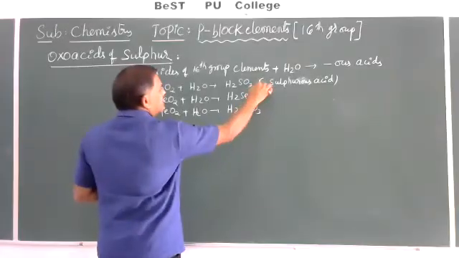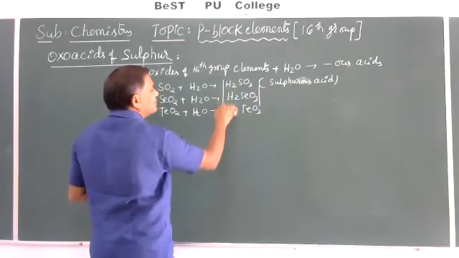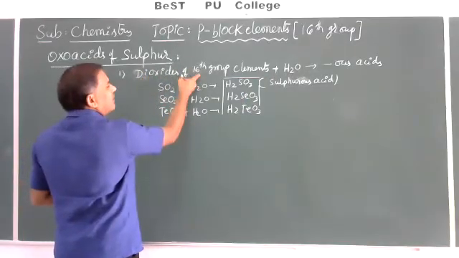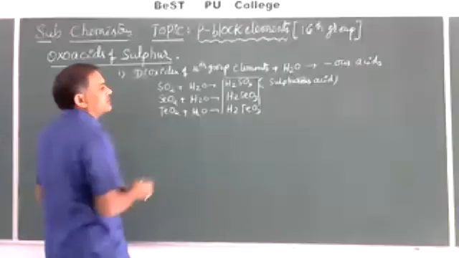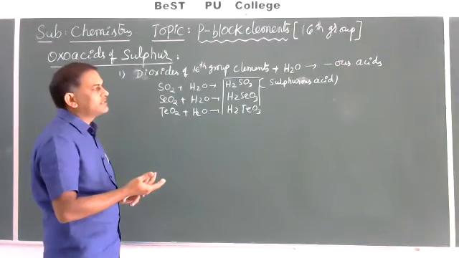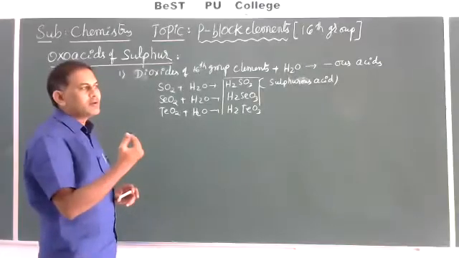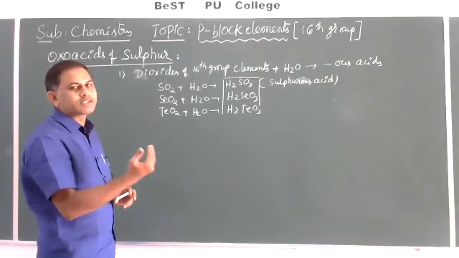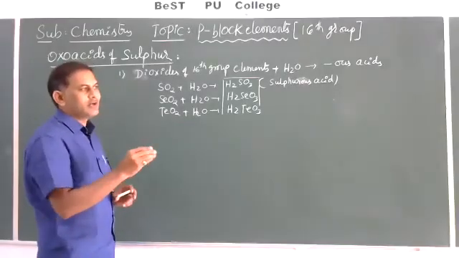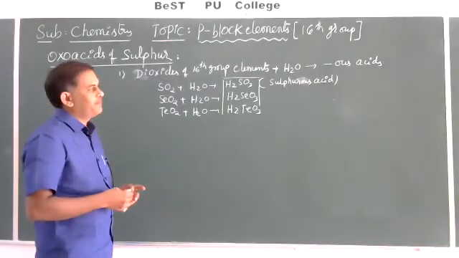These are the ous acids of 16th group elements. When dioxides of 16th group elements are dissolved in water, they give ous acids, meaning the oxidation state is less than +6. The highest oxidation state is +6, so these are +3, +4 and so on.